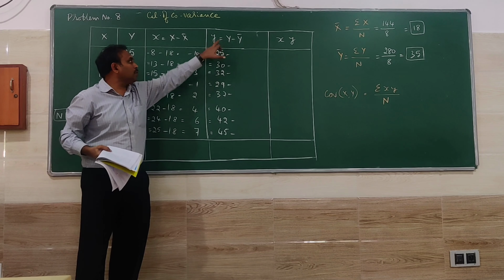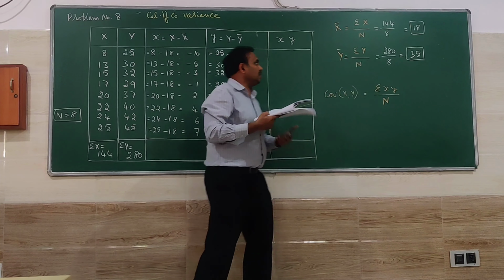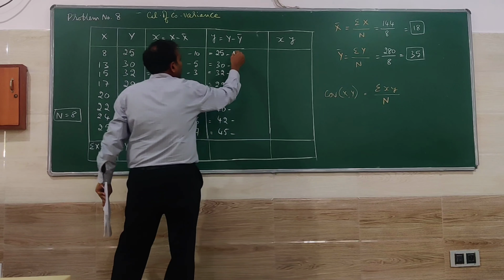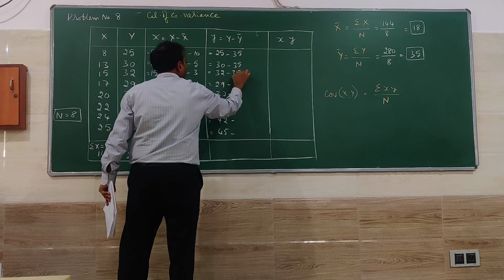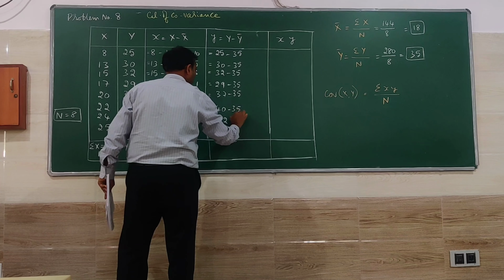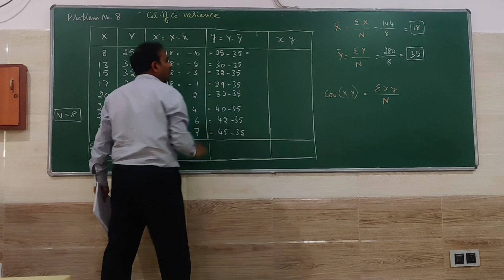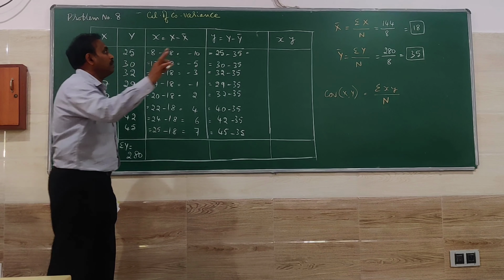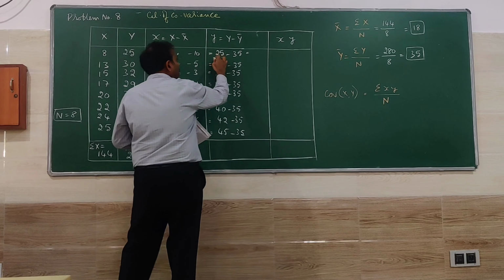Then after substituting the y values, I will take y bar from the calculation which I have done, minus 35, so let me find the difference between y and y bar, that is small y.